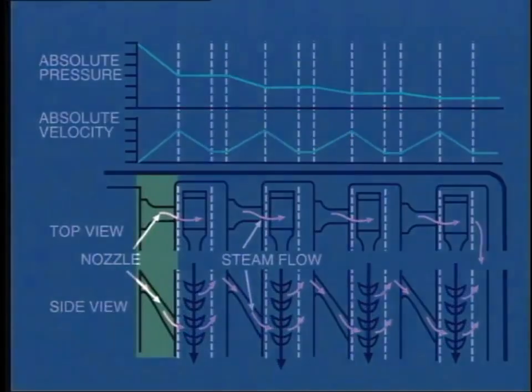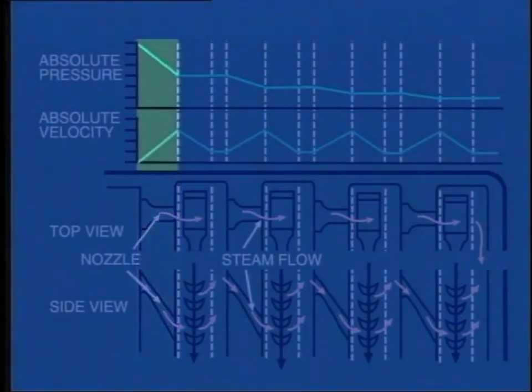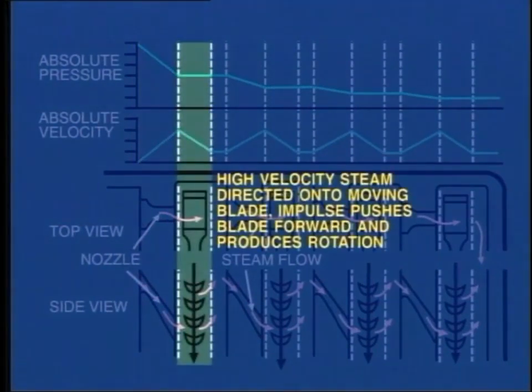As the steam passes through the first row of stationary blades or nozzles, its pressure decreases, and as a result, the steam velocity increases. These changes are plotted on this graph. As this high-velocity steam is directed onto the moving blade, the impulse pushes the blade forward and consequently produces rotation of the shaft.